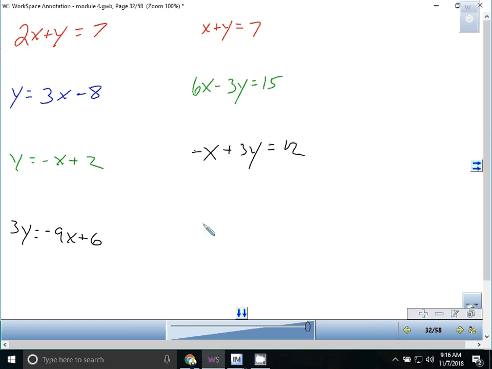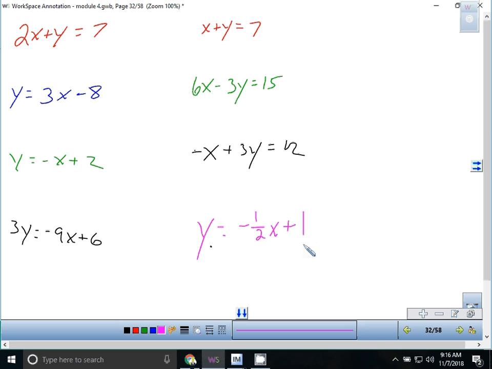Let's do y equals negative 1/2 x plus 1. Alright, so write those, I guess there's 8 down, aren't there? Jordan, which one can you not see? 12.